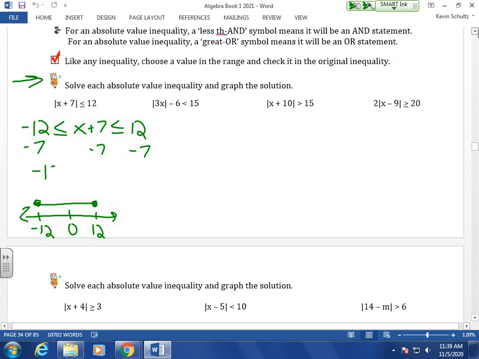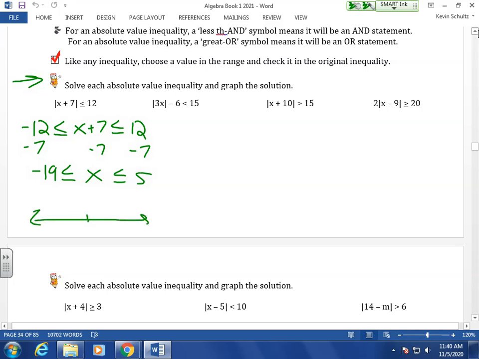And we get -19 is less than or equal to x is less than or equal to 5. And that is your solution statement. You've told me what numbers x needs to be between to make the original inequality within 12 of 0.